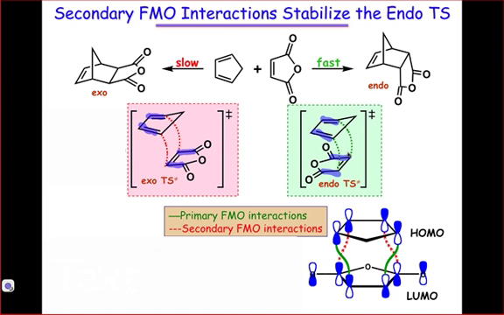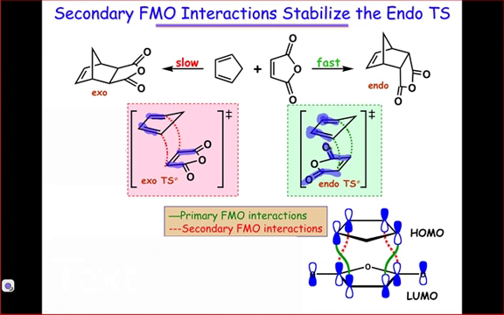Notice that when the dienophile approaches with its substituents endo, any p orbitals on the substituents can interact with the back p orbitals of the diene. So for instance, the p orbitals in the carbonyl groups of this anhydride here can interact with the p orbitals on the diene that are not participating in the bond-forming event of the Diels-Alder reaction.